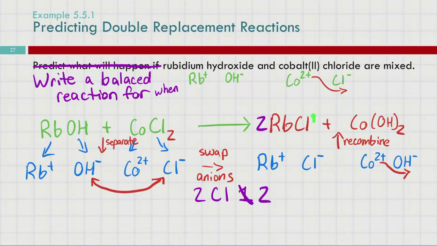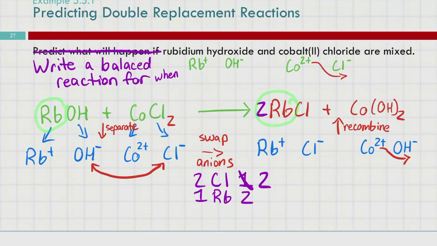And when we make that change to balance out our chlorines, we have now changed our rubidium. So we're going to balance rubidium next. So Rb, we've got 2 on the right, 1 on the left. So on the reactant side, we need to increase our Rbs.